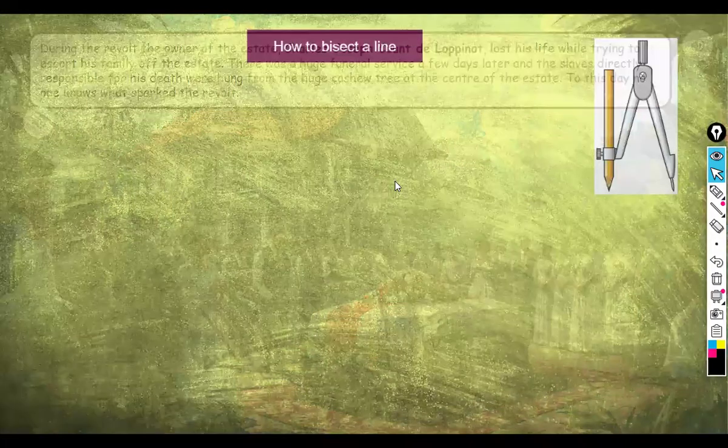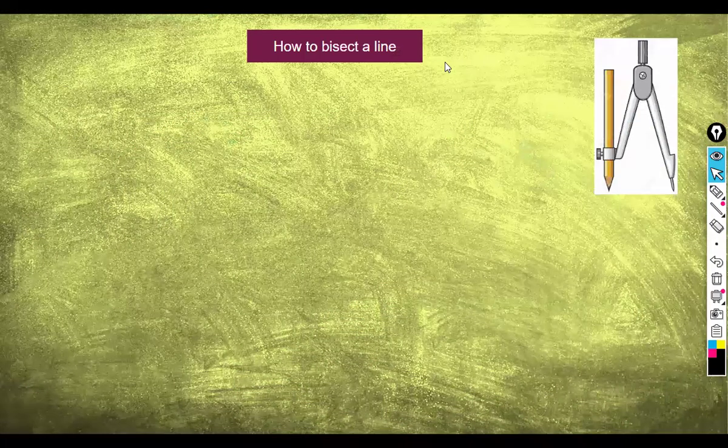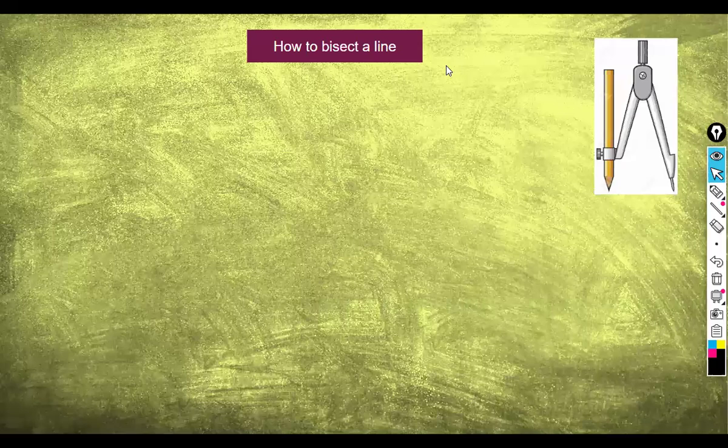So our first question, our first slide starts off where we left off last week on how to bisect a line. By a show of hands, who revised this? And I might ask you to look this up and have this clean for today.